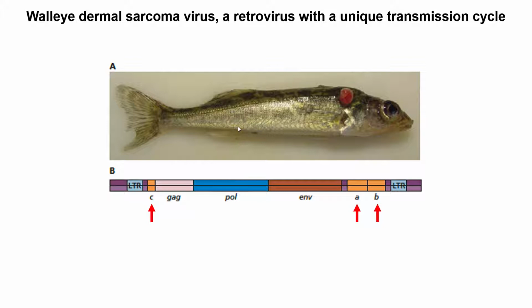Over the fall and the winter, when there is no spawning, no reproductive event of the fish, these basically grow. And in the spring, when the water temperature rises, they fall off. That helps the virus transmission. So how is it done?